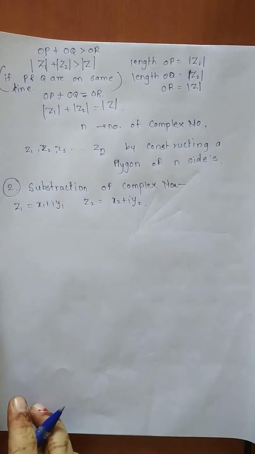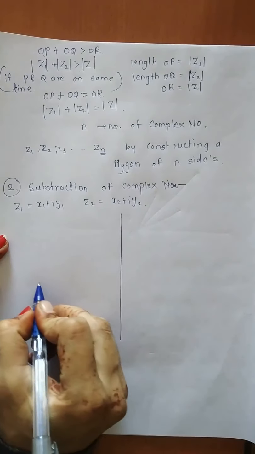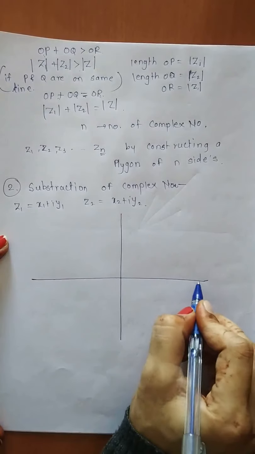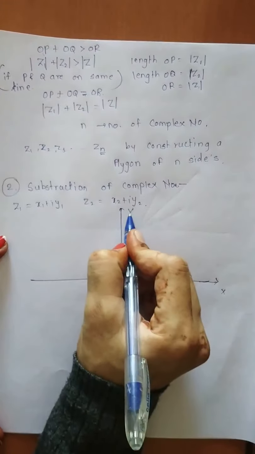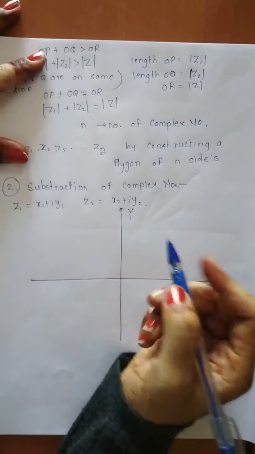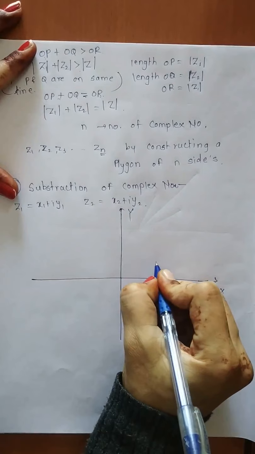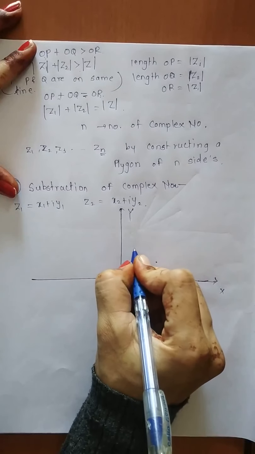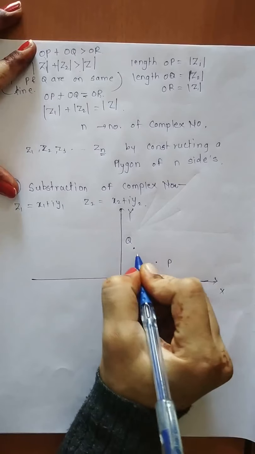Now exactly in the same way as in the previous point, that is addition of two complex numbers, we draw the Argand diagram. Again we will consider point P and point Q. So this is, let's say, point P, and this is, let's say, point Q, and this is our origin.